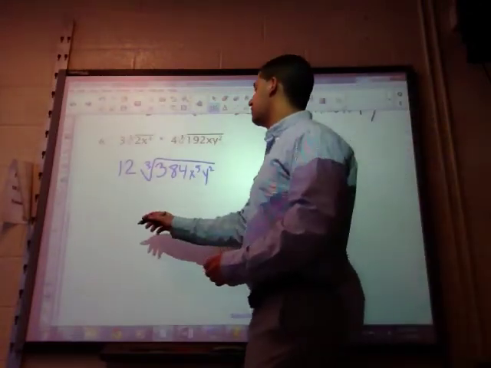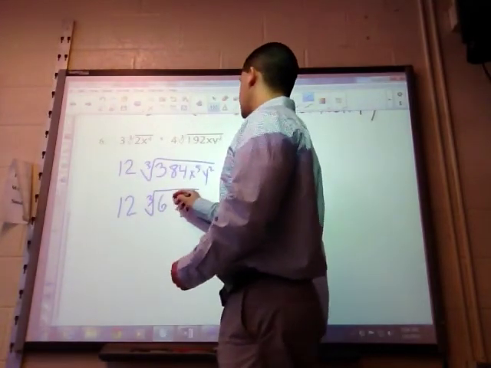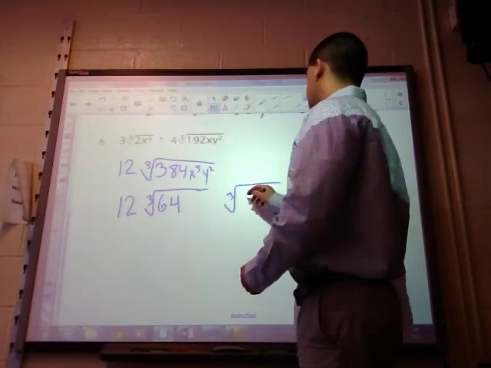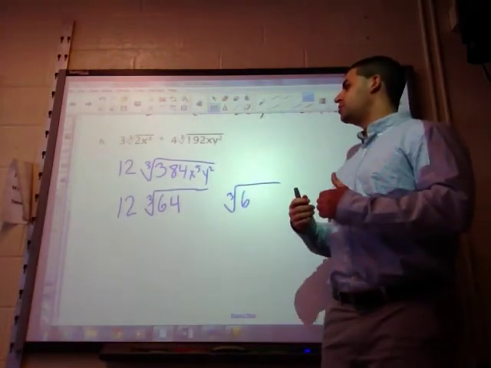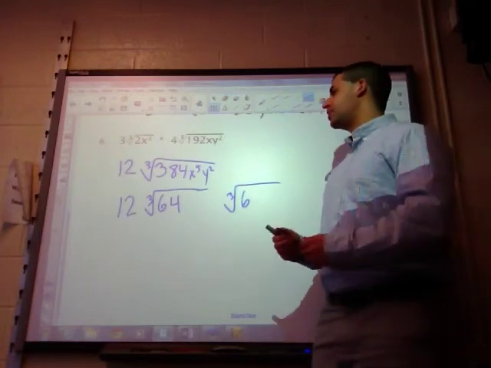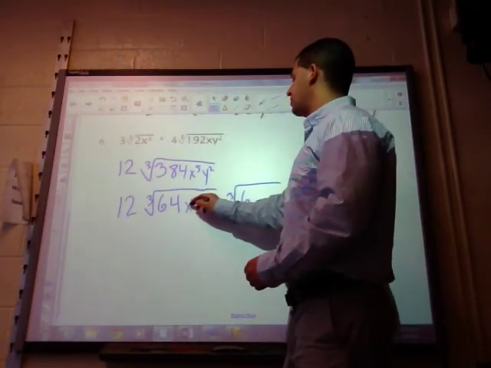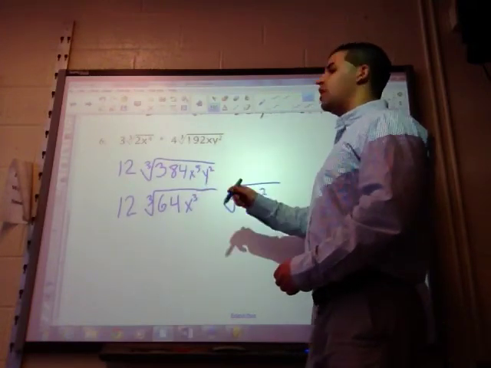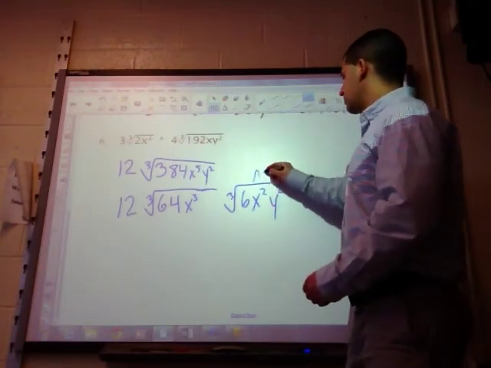It comes out as 6. So we have 12 cube root 64 in our perfect, and in our non-perfect we get 6. Remember, cut the number in half and test the perfect cubes or perfect squares below it, depending on the type of problem. Biggest perfect cube that goes into x to the 5th is x cubed, and you're left with an x squared. There's not enough y's to be a perfect cube, so we're going to leave the y squared in the non-perfect one.